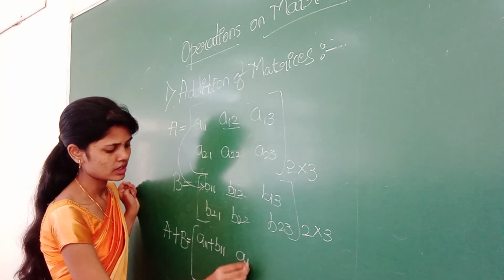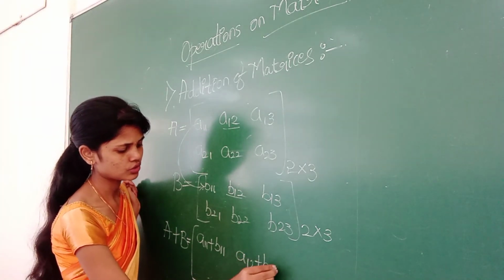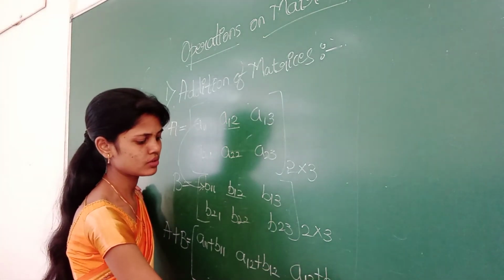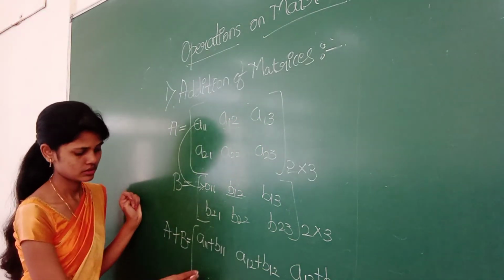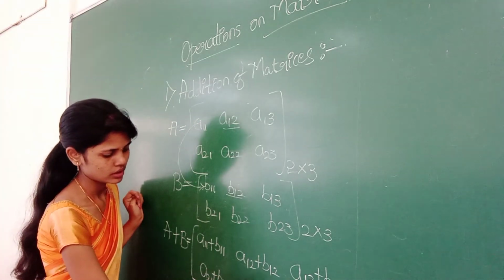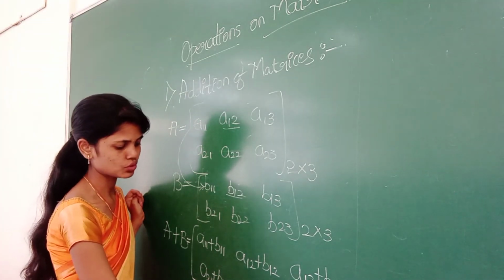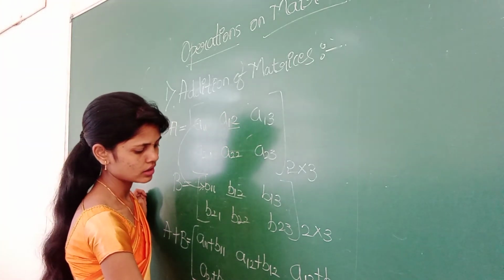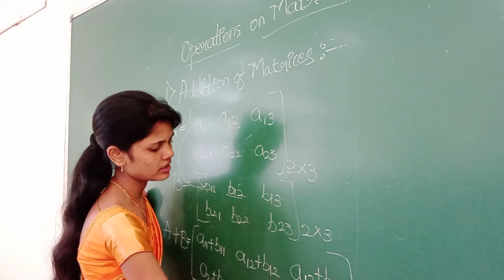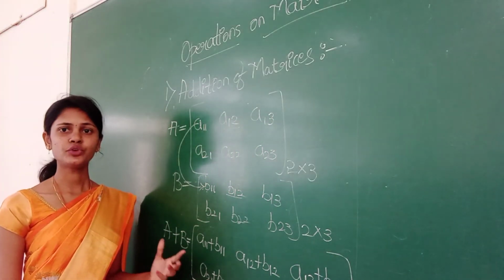So it is A12 plus B12. Similarly, what will be A13 plus B13 and next A21 plus B21, A22 plus B22 and A23 plus B23. Right? This is the addition of two matrices.